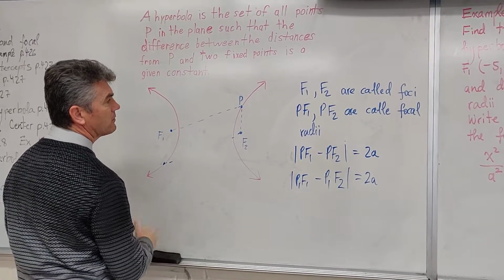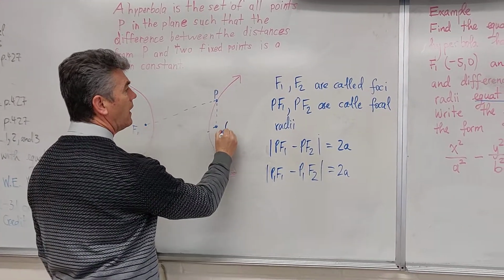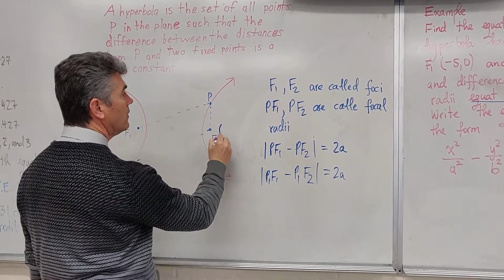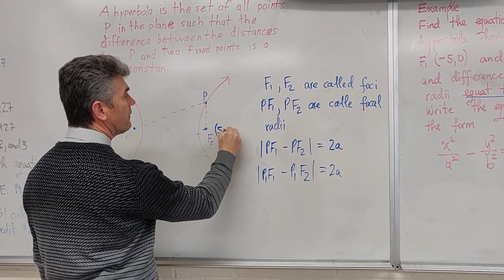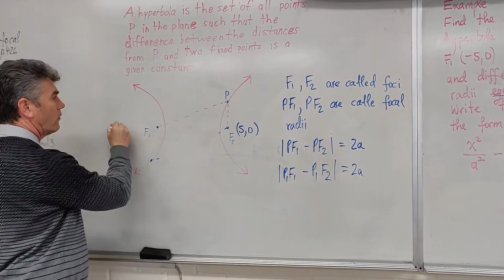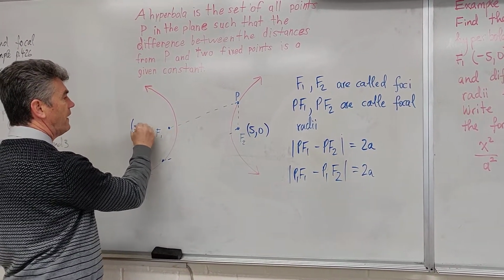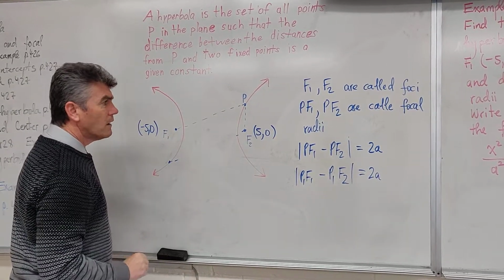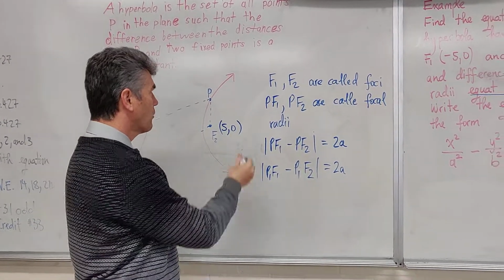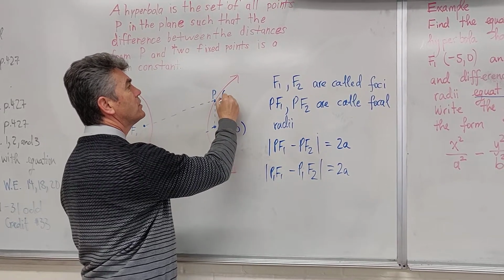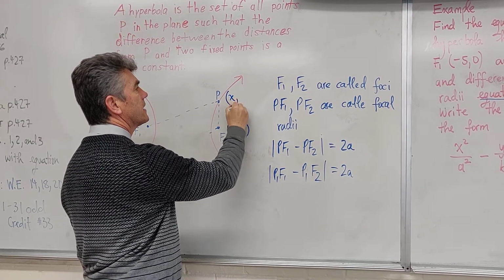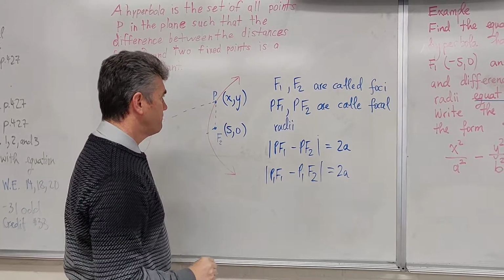I'm going to write down some of the information that we have, like the coordinates of the second focus are (5, 0). The coordinates of the first one are (-5, 0). And the coordinates of P, since this is an arbitrary point, are (x, y).